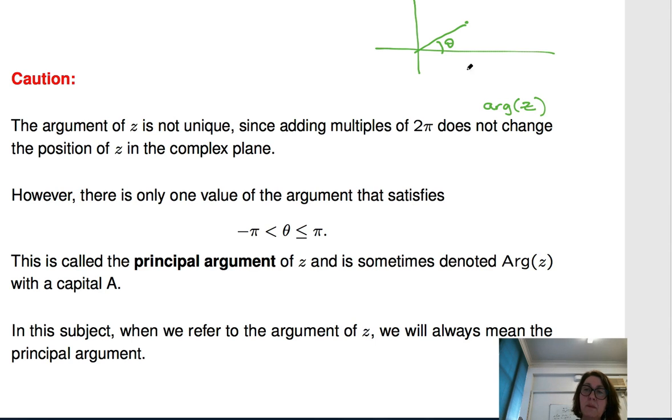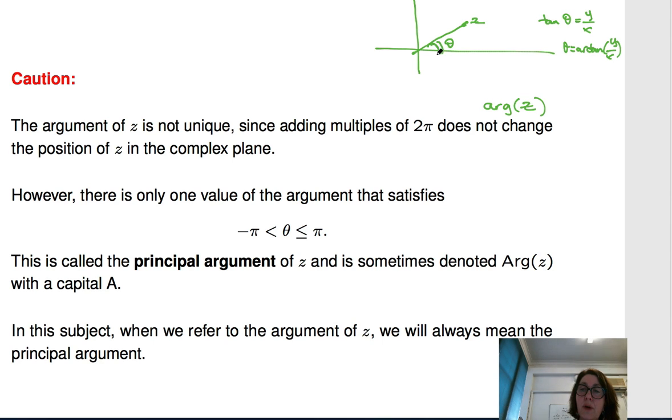So what do I mean by that? Well, if this is my complex number z, then the angle that I'm reading off starts at the real axis and goes around to that interval that I've drawn from the origin to z, and I'm looking at tan theta equals y on x, or theta equals arctan of y on x in this example.